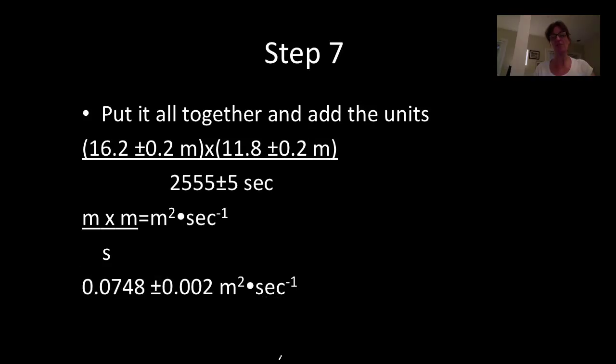The uncertainty is in the thousandths place, but my number is in the 10,000ths place. And that doesn't make any sense. How can I have an uncertainty that's plus or minus 1,000th, but I have a number that has significant digits all the way to the 10,000ths? So we have to rectify that problem.